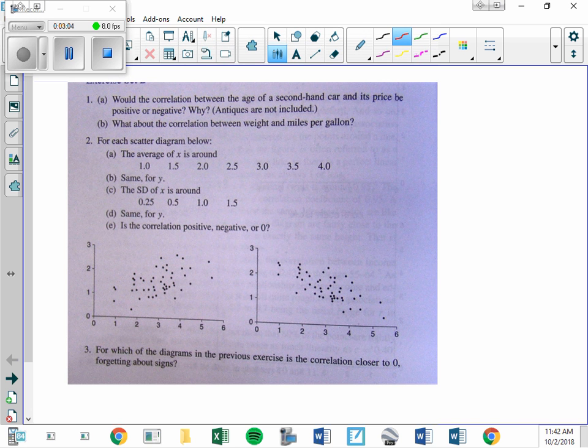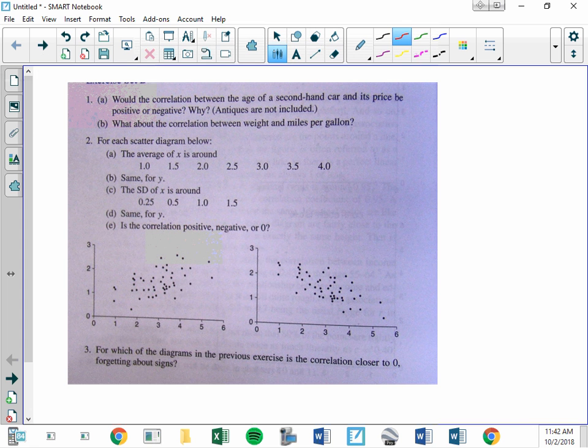And number 4. In figure 1 is the correlation between the heights of the fathers and the sons around negative 0.3, 0, 0.5, or 0.8? So we have to go back to page 120.